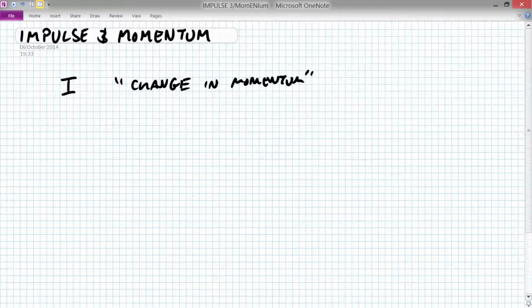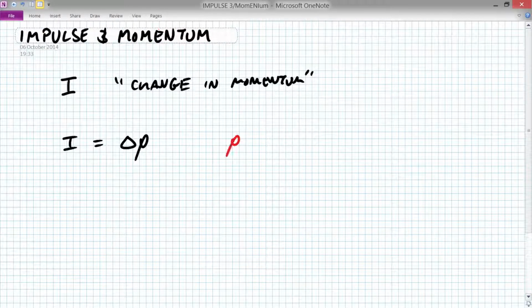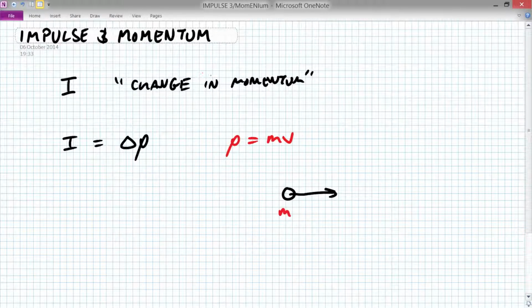So mathematically then, we said that I was equal to delta P. And if you remember from last week, we also defined momentum in terms of mass and velocity, where we said momentum was equal to the mass times the velocity of some particle. So some particle in motion will have some mass m and some velocity v.